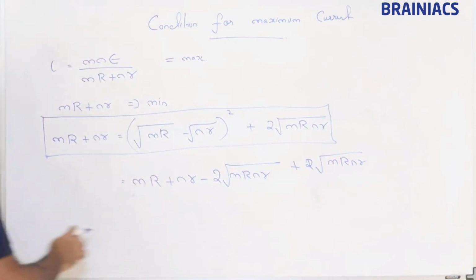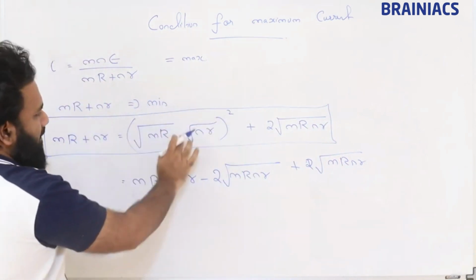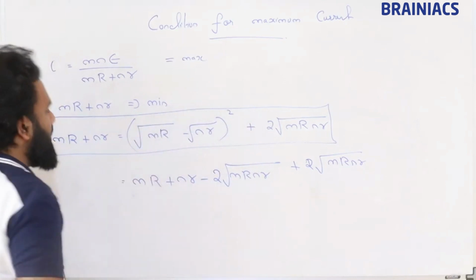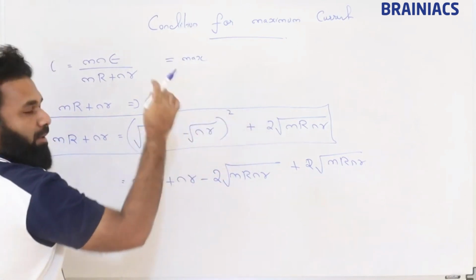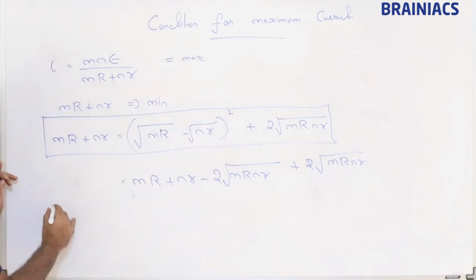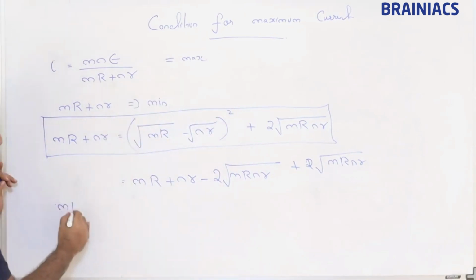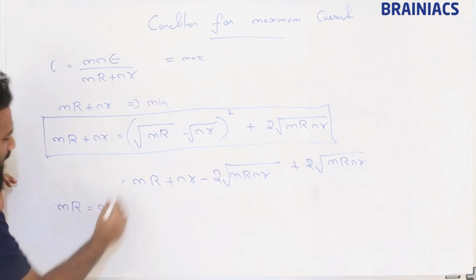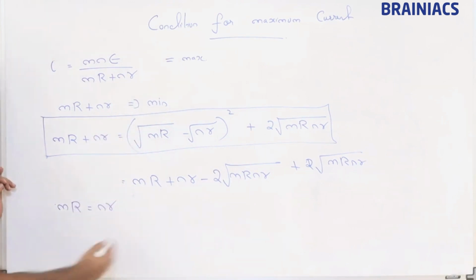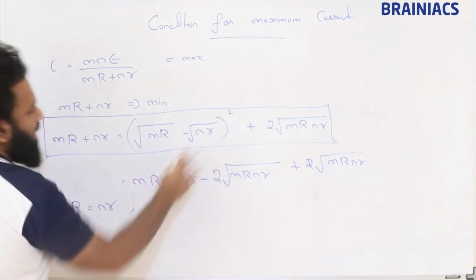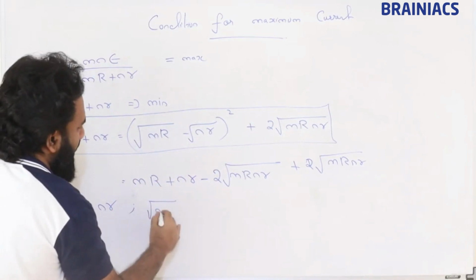Now, how to make this expression minimum? This expression can be made minimum if this is equal to this, that is, MR is equal to NR. Then what will happen? This entire term, (MR minus NR) whole square, will become 0, no?